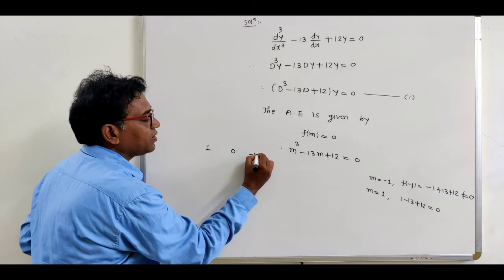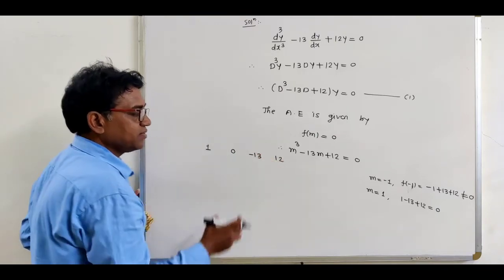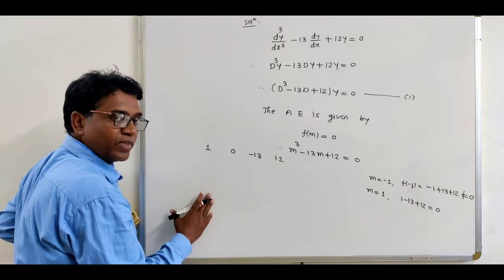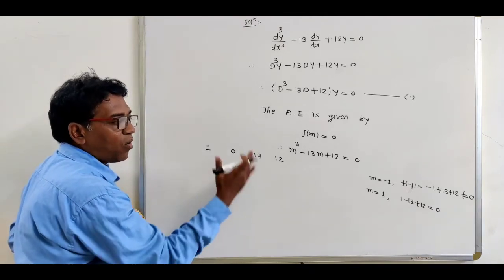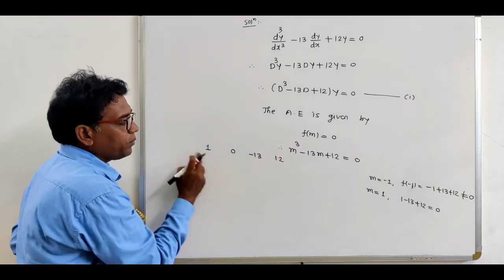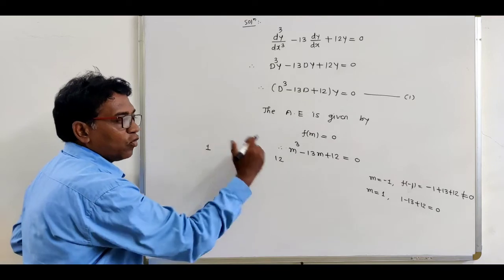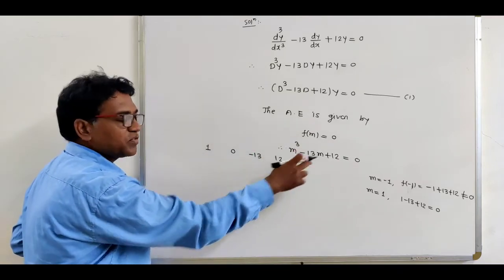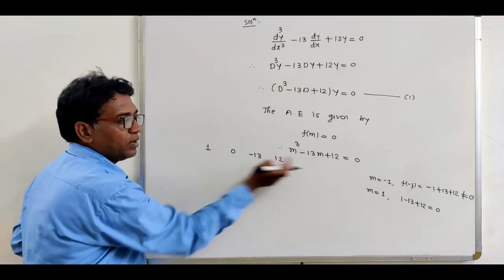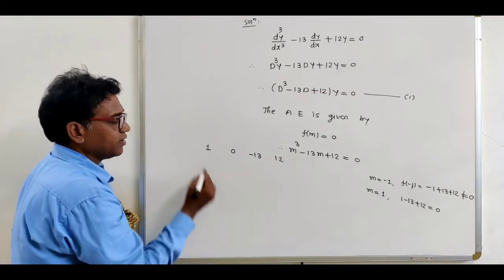Coefficient of m, this is minus 13, and what is the constant term? That is 12. See, what is the synthetic division? First of all, we have to write all the coefficients in decreasing power. Coefficient of m cube is 1, so write here 1. Coefficient of m square is 0. Coefficient of m is minus 13, and the constant term is 12.